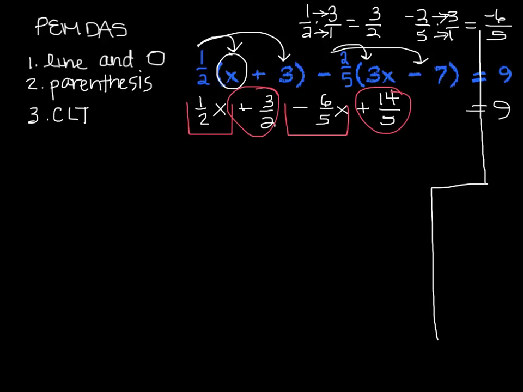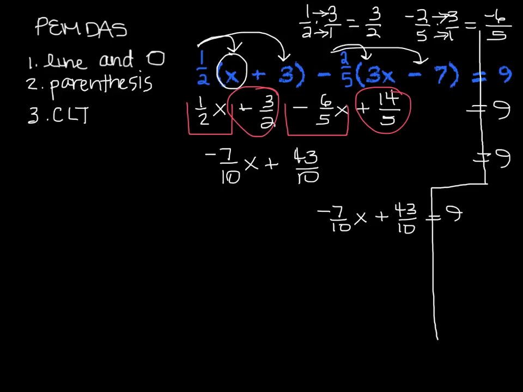If you add 1/2 plus a negative 6/5, you're going to get negative 7/10 x. 3/2 plus 14/5 gives me plus 43 over 10. And I'm going to have equals 9. Now, I'm going to move that down a little bit. Negative 7 over 10x plus 43 over 10 equals 9.